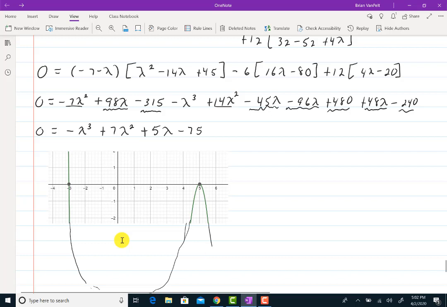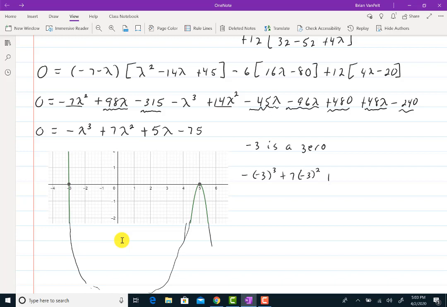You might remember this. Once I know that, do I know that negative 3 is a 0? How do I know that negative 3 is a 0? Well, look, negative 3 to the third plus 7 times negative 3 squared. I mean, it looks like negative 3 from the graph, but I don't know for sure. What if it's like negative 2.999? It's not exactly negative 3. Could happen.